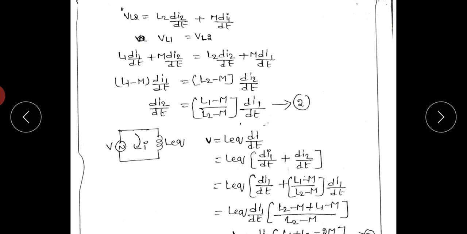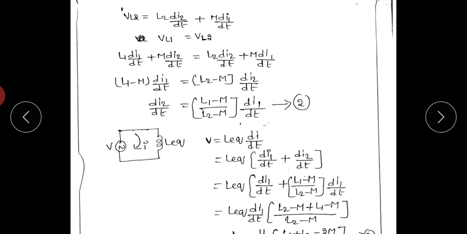In this circuit the two coils are connected in parallel, so VL1 equals VL2. By taking di1 by dt and di2 by dt common, we can write: L1 minus M into di1 by dt equals L2 minus M into di2 by dt, and di2 by dt equals L1 minus M by L2 minus M into di1 by dt.